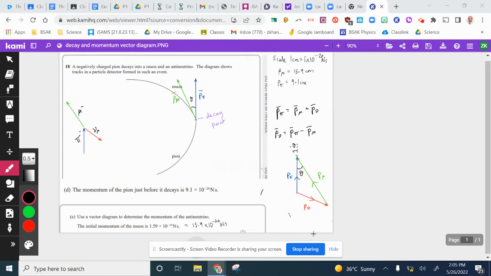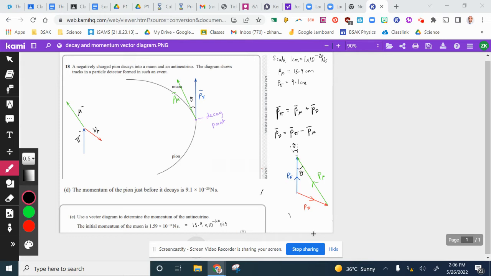The scale that we choose will be relative to the values that are given. So 1.59 times 10 to the minus 19 is the momentum of the muon, and 9.1 times 10 to the minus 20 is the momentum of the pion. Because the powers are different, I've made the powers the same, and we see that it's 15.9 times 10 to the minus 20 for the momentum of the muon, and 9.1 times 10 to the minus 20 for the pion.